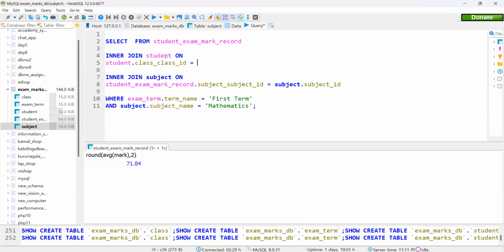Student class ID equal to student mark record, student index.